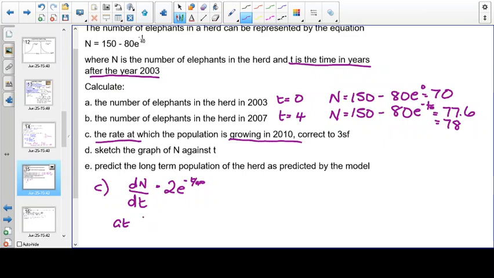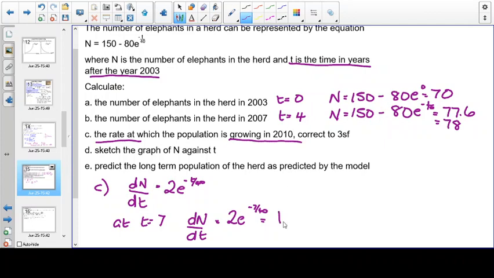So in 2010, that's going to be when t equals 7, dn by dt is going to be 2e to the minus 7 over 40.